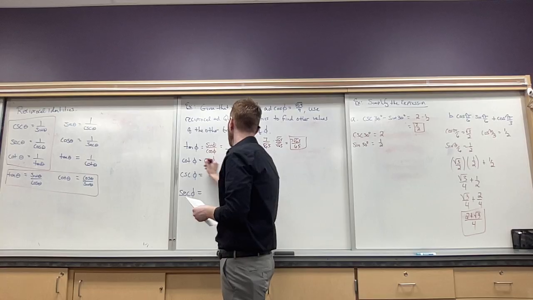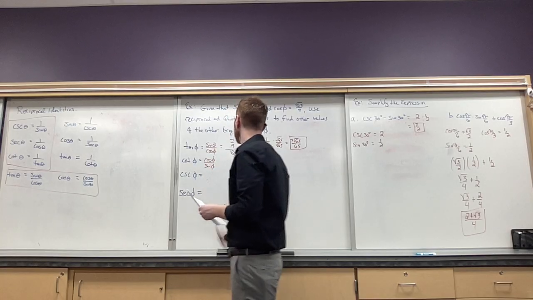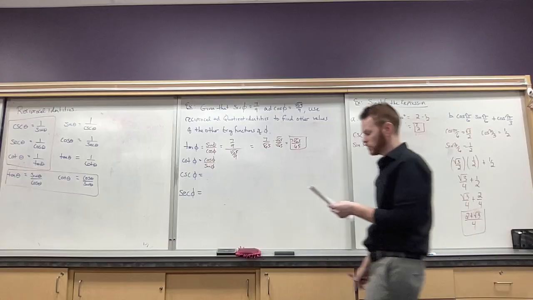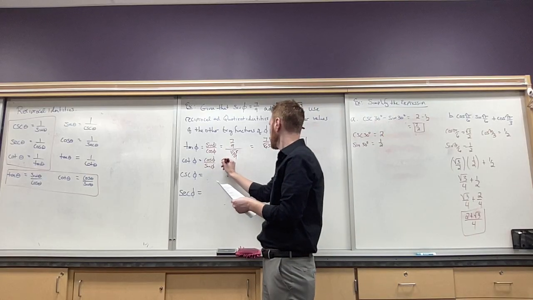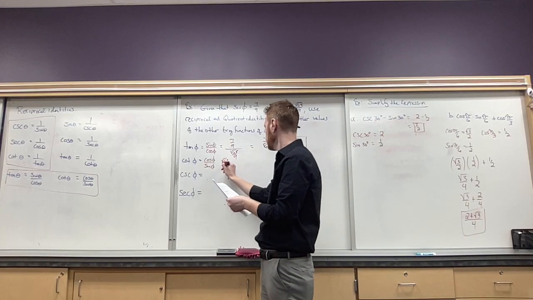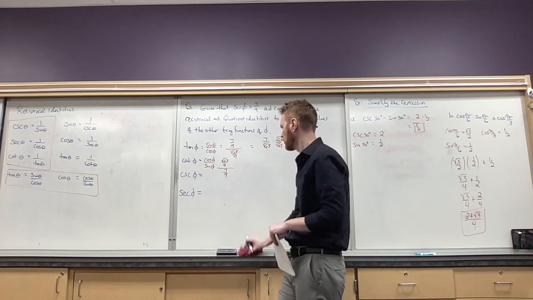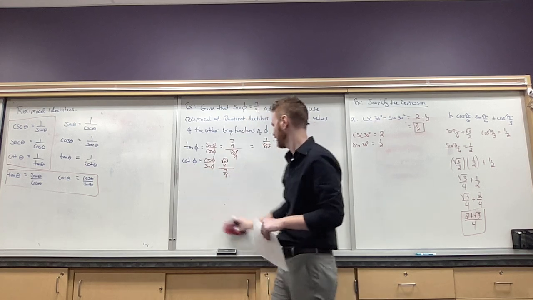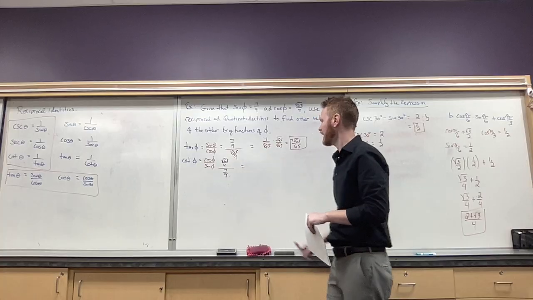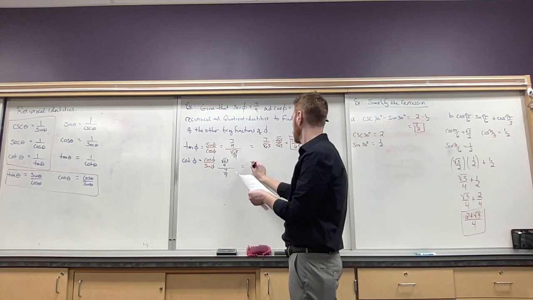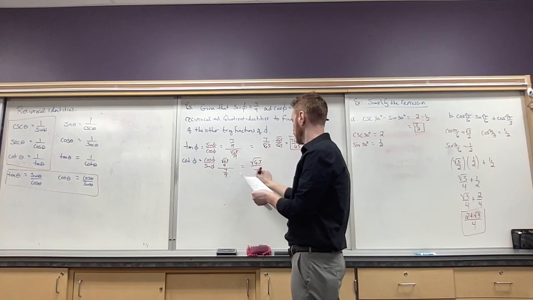Okay, cotangent is cosine of phi over sine of phi. So let's go ahead and plug those in. Square root of 65 over 9 divided by 7 over 9. I knew I wrote those way too close together. Had a feeling. Okay, so that's going to simplify to square root of 65 over 7.